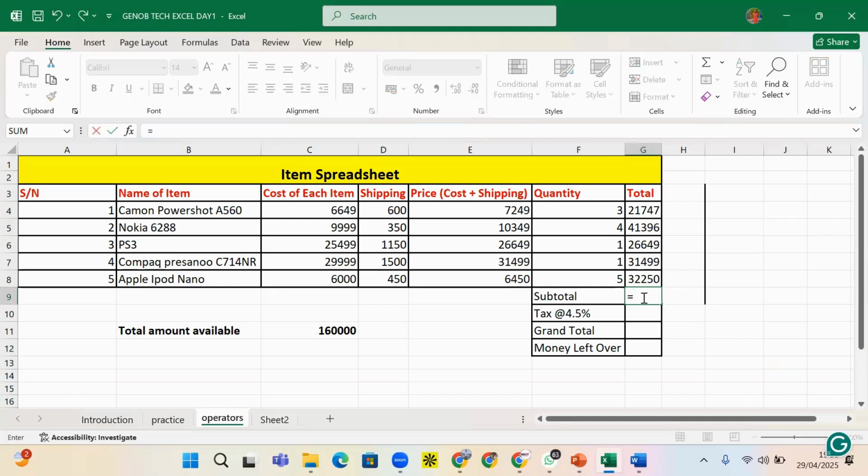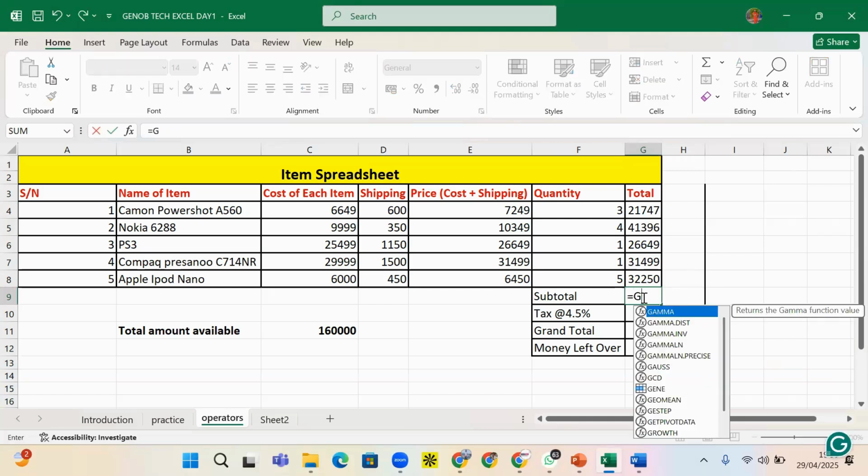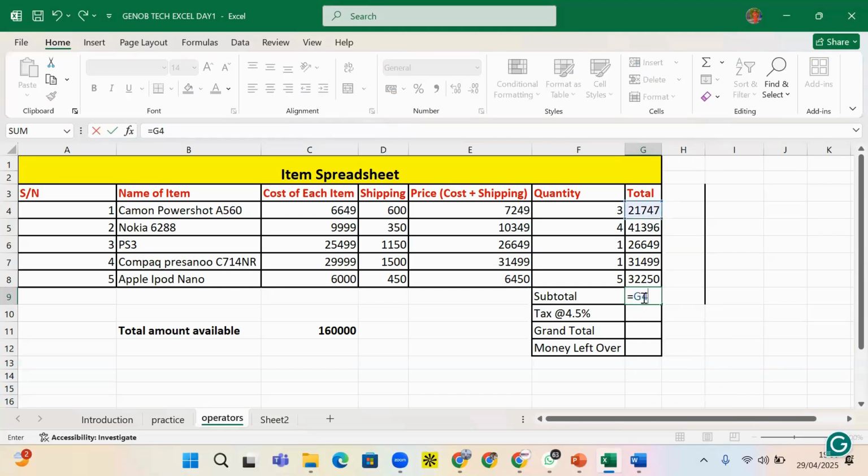Equal to G4 plus G5. Why not use sum? Yes, I could use that.